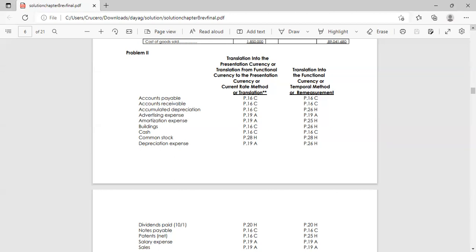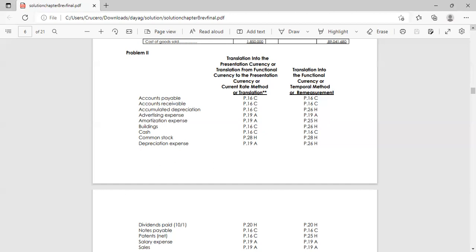So we include this at the current or the closing rate under method 1 and the same rate under method 2. Again, refer to your guide on page 706.